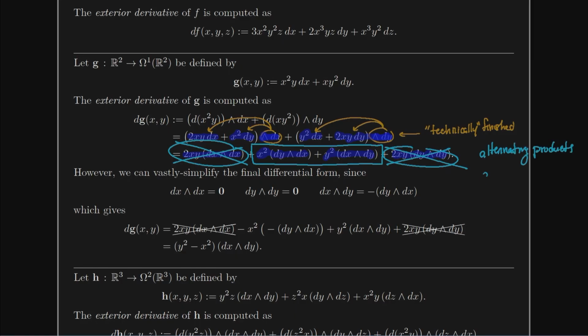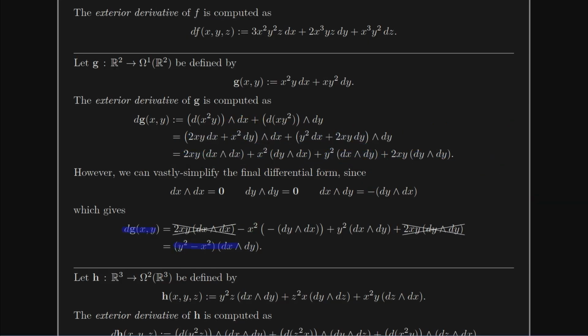And so by remembering that they're alternating, we remember dx wedge dy is negative dy wedge dx, or vice versa. And so I can go ahead and just exchange the order of dy dx at the cost of a minus sign. That's going to give me a minus sign on the x squared term. So then I can actually combine the x squared and the y squared into a y squared minus x squared, multiplying dx wedge dy. And so that's really the most simplified version of the exterior derivative of this particular differential form.